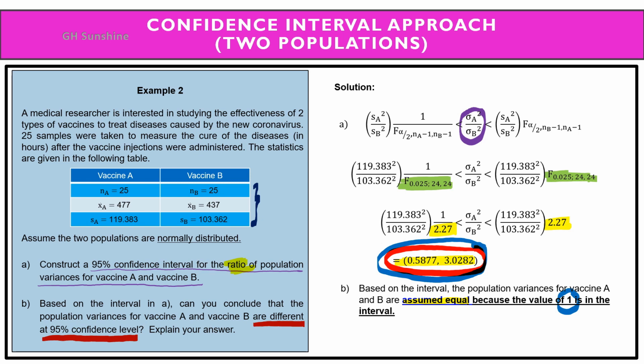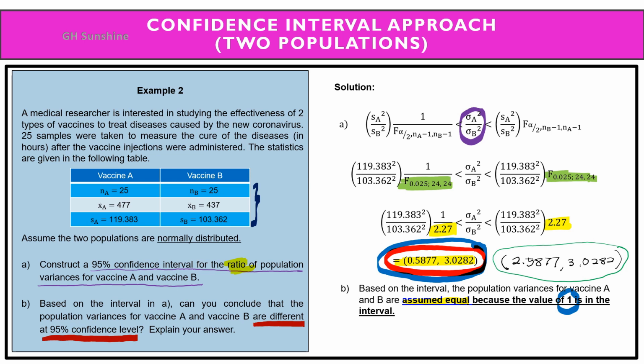If there is no 1, they are unequal. For example, look at here. Let's say the confidence interval obtained is between 2.5877 and 3.0282. From this value, is there any value of 1 in the interval?